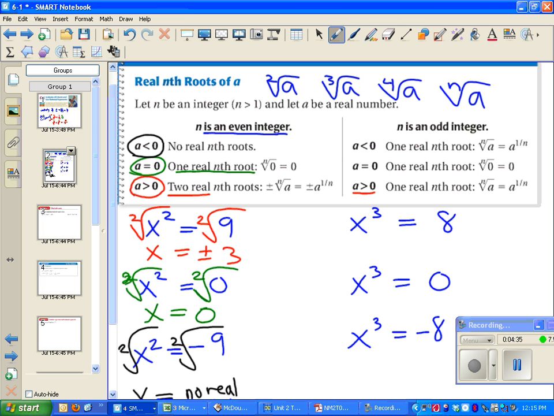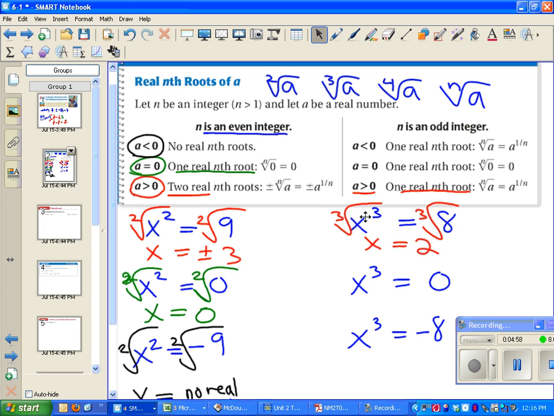So to get rid of the cube, we're going to cube root both sides. So cube is 3, and that is odd. And there's only one number that will work. The cube root of 8 is +2. It can't be -2. So that is one real root. In this case, it would be 2.